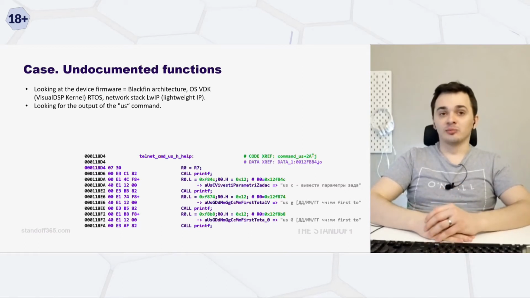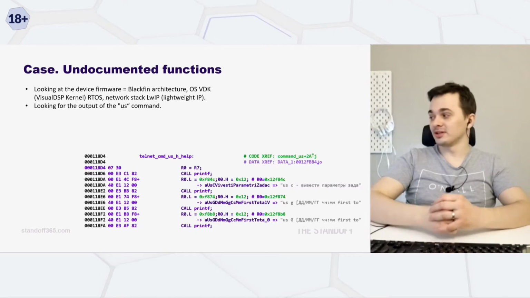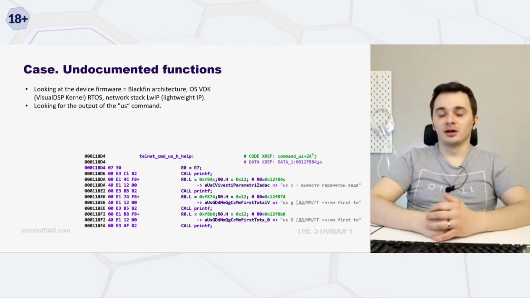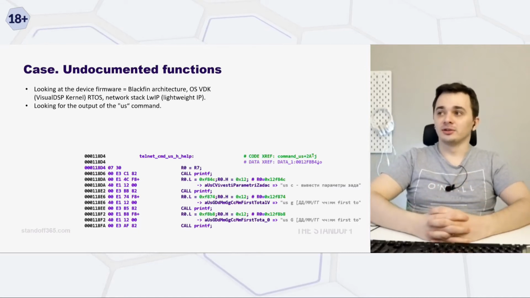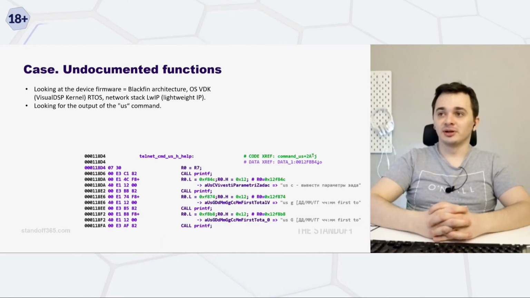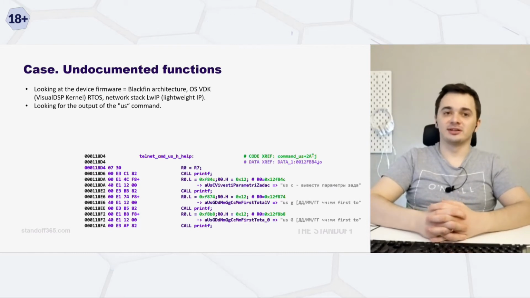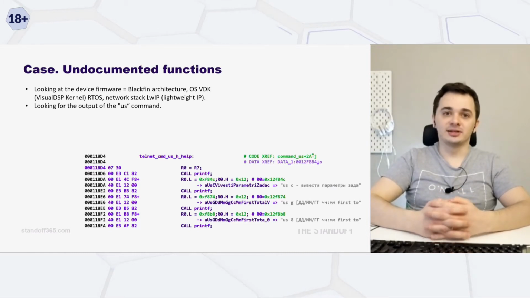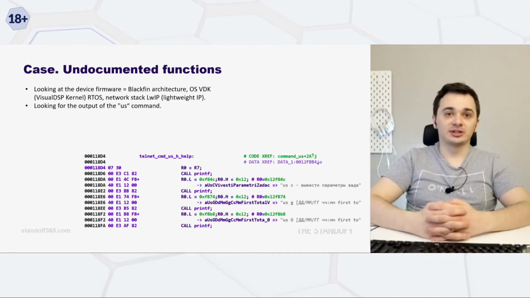When we start reverse engineering the firmware, we shall see that this equipment is running on the Blackfin CPU architecture. Blackfin is quite exotic. It's also running on a real-time operating system called VDK, and they're using a network stack called Lightweight IP.